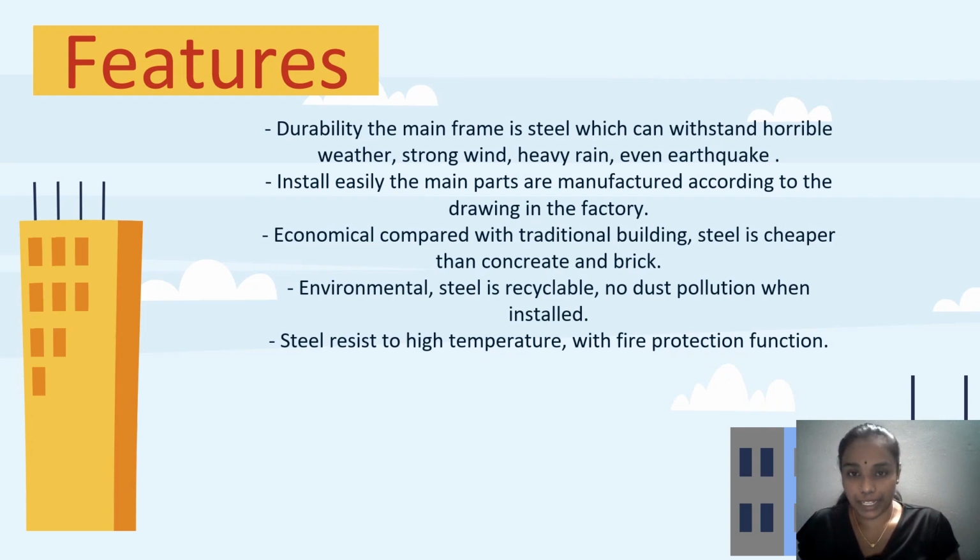Economical: compared with traditional buildings, steel is cheaper than concrete and brick. Environmental: steel is recyclable, with no dust pollution when installed. The last one is that steel resists high temperature with a fire protection function.